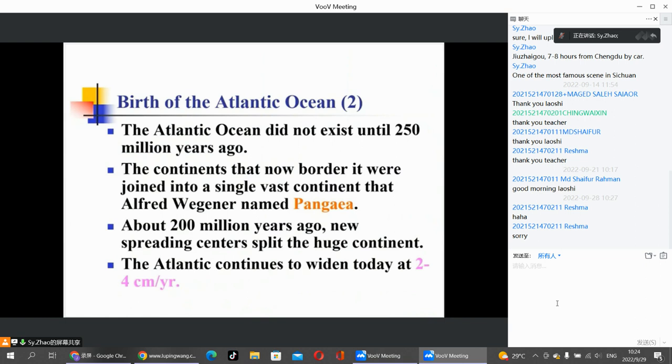About 200 million years ago, new spreading centers split the huge continent. And now, in the current time, the Atlantic continues to widen at a much slower velocity, 2 to 4 centimeters per year.